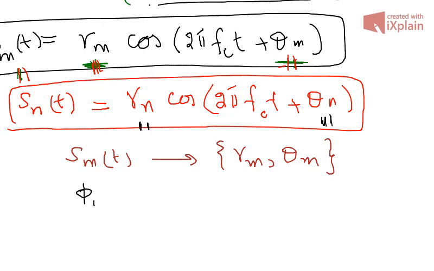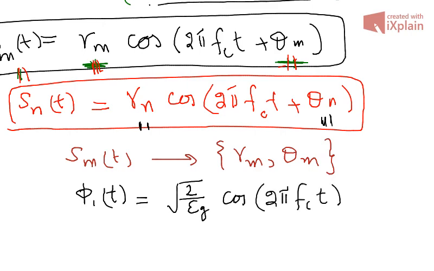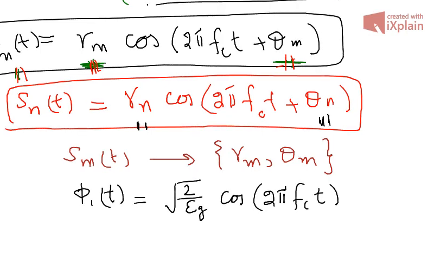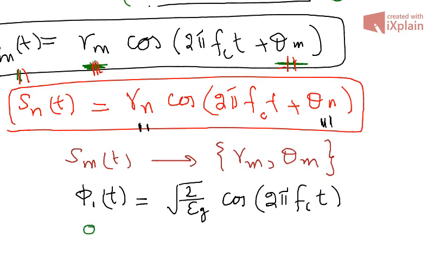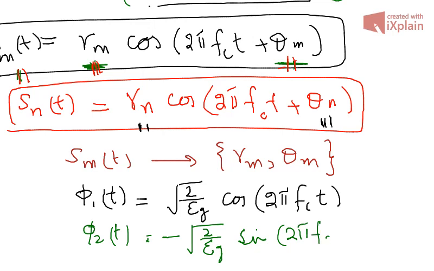You are familiar from your previous knowledge that we take phi 1 of t as the waveform square root of 2 over Eg cos of 2 pi f c t, right? And phi 2 of t, which is minus square root of 2 over Eg sine 2 pi f c t, right?